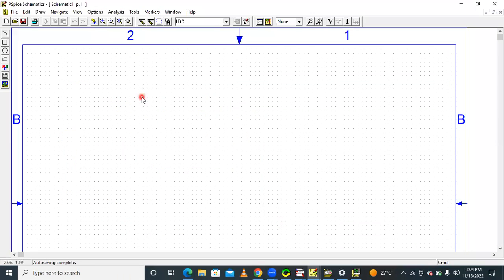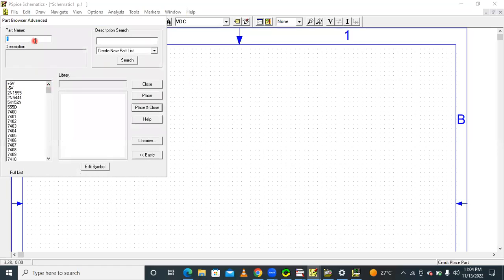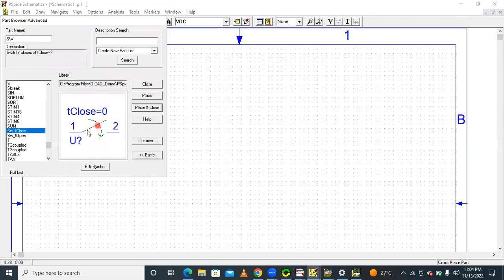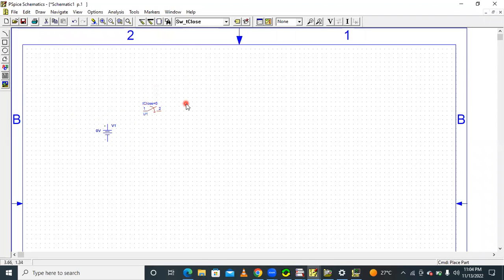Go to PSpice and take one voltage source, VDC, place here, and then take one switch, the T close switch, place here, and take one resistor, and similarly take one capacitor, and also one ground. Connect these elements by using wire, connect this like this.